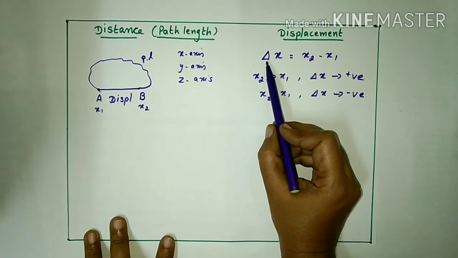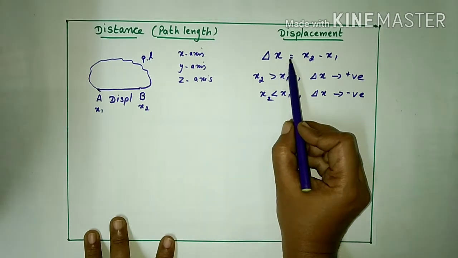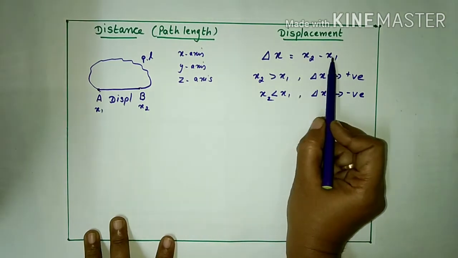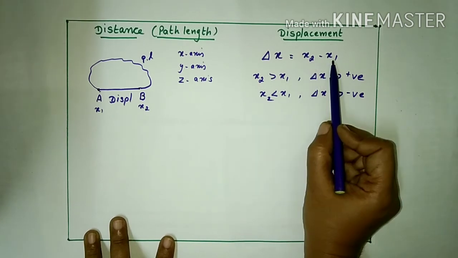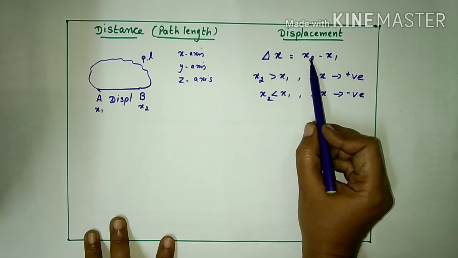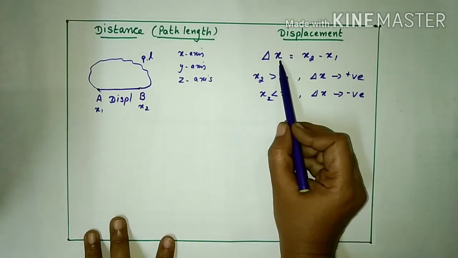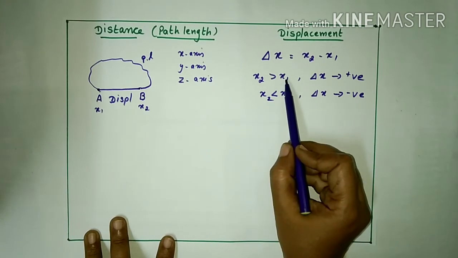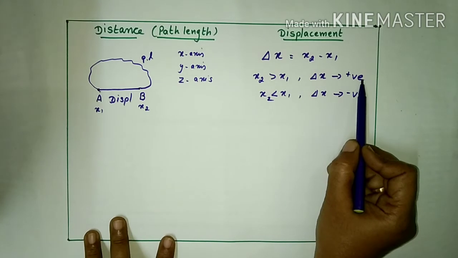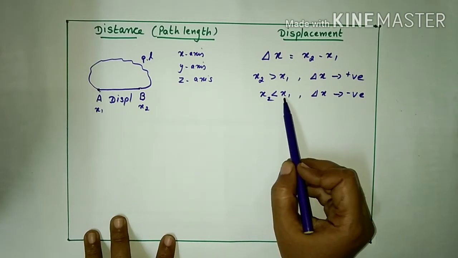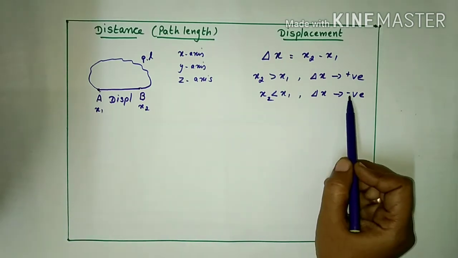Delta represents change in quantity. So, change in position is x2 minus x1, where x2 is the final position and x1 is the initial position. So, change in position is equal to the displacement. If x2 is greater than x1, then displacement delta x is positive. If x2 is less than x1, then displacement delta x is negative.